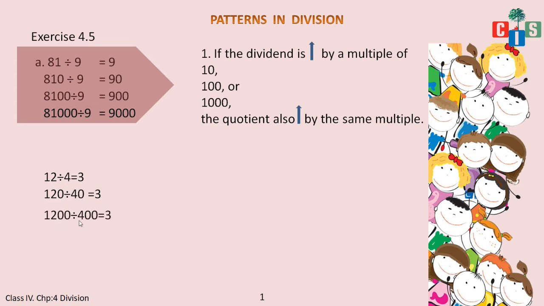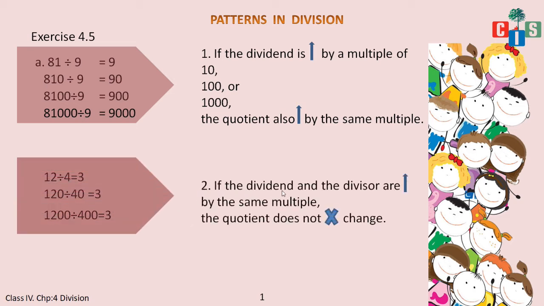The next example is 1200 divided by 400. Again, you will cut the same number of zeros from the dividend and from the divisor, that is 2 zeros from each. So we will have the same quotient. So I can say that if the dividend and the divisor are increased by the same multiple, the quotient does not change.